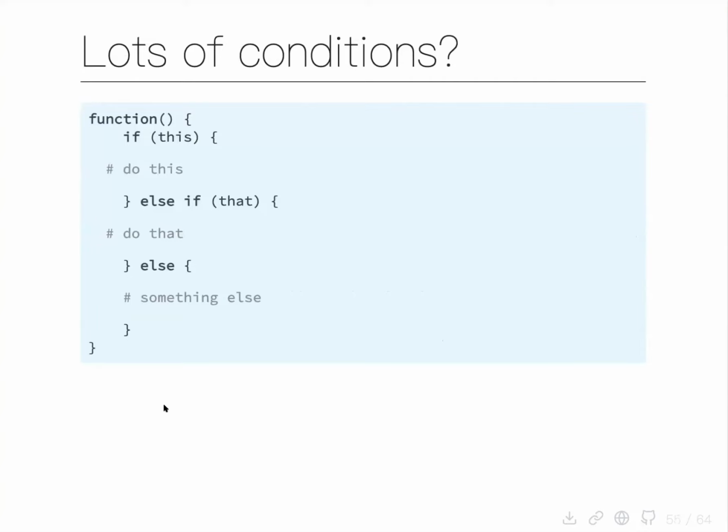Okay, here's the else if condition that I mentioned. So if you have lots of things, you define your function here, and then you'd say, if this condition is true, then do this. Otherwise, if this condition is true, then do that. If neither of these conditions are true, then do something else.